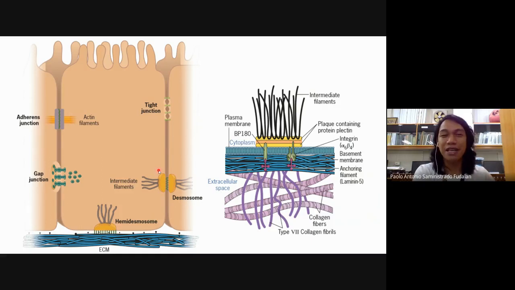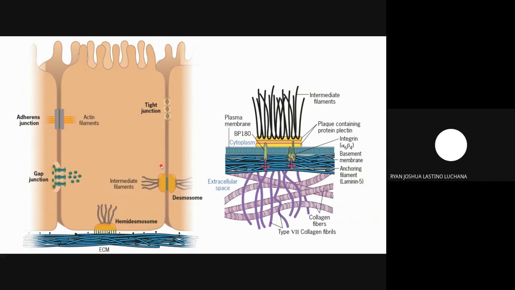It's for the adherence between two cells. So my question now is this, how are they different? They have the same function, but how are they different? Very obvious already from the illustration, guys. You can just see the labels. Adherens junctions use actin filaments while desmosomes use intermediate filaments.